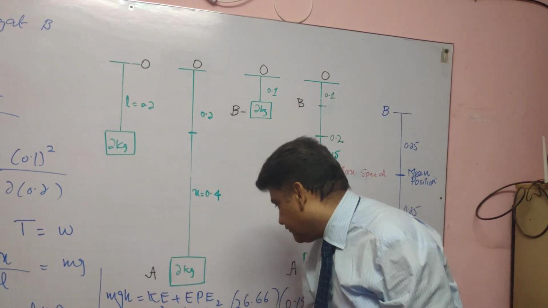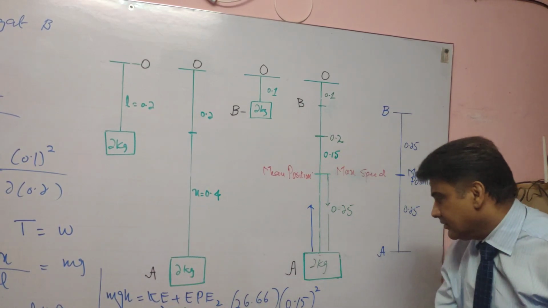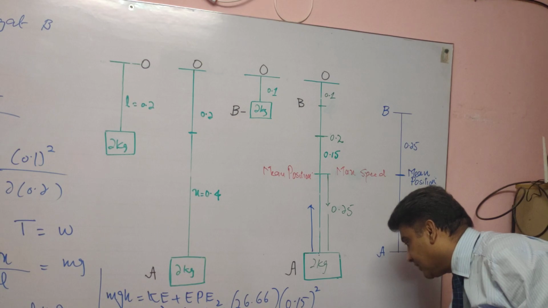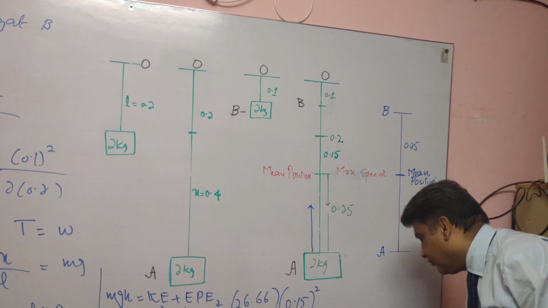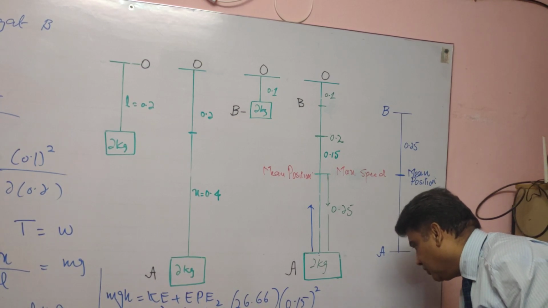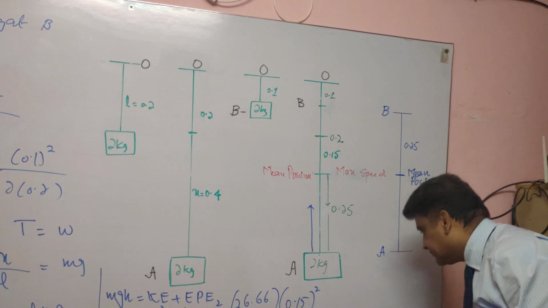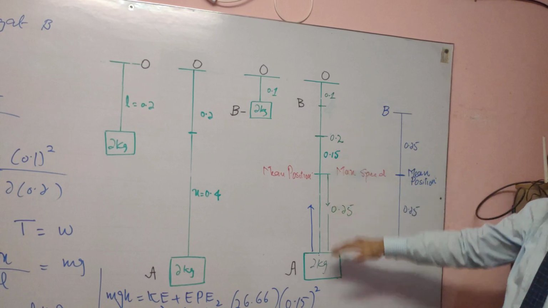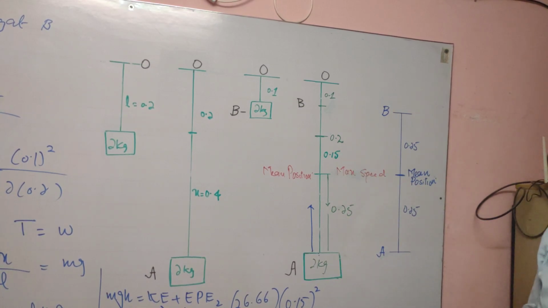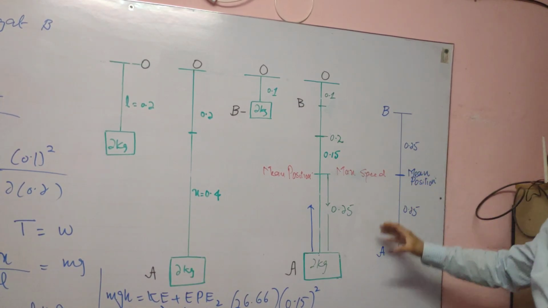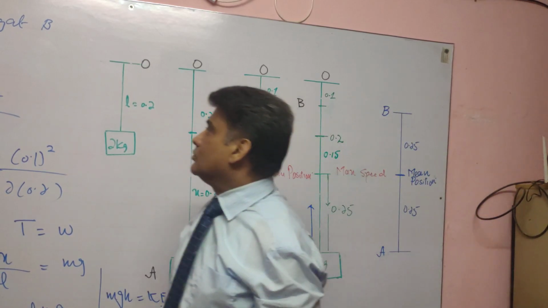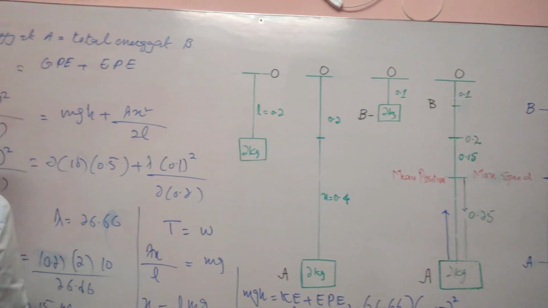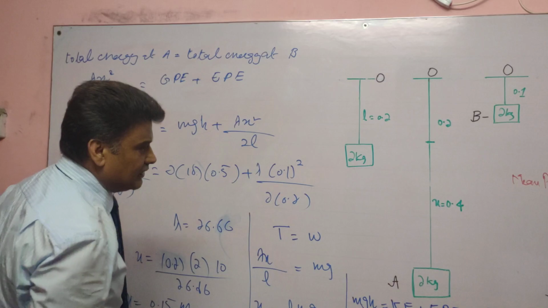By solving this, we will find the value of V. After rounding up, the value of V is equal to 2 meters per second. This was a simple concept to solve this problem, in which we had to find the maximum velocity of the particle.